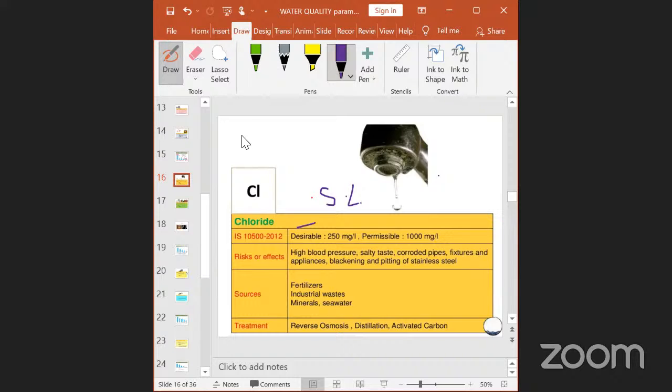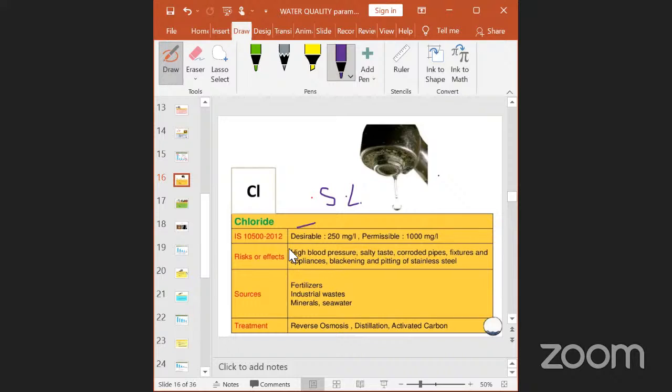Chloride ions in drinking water do not cause any harmful effects on human health, but high concentrations can cause an unpleasant salty taste, right?